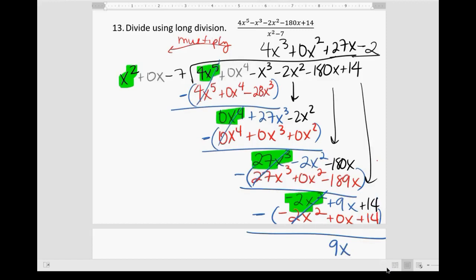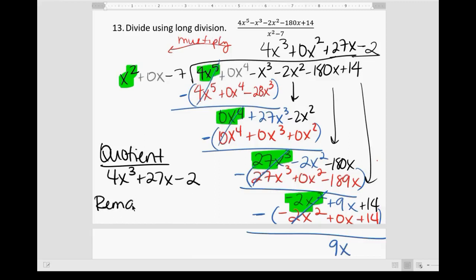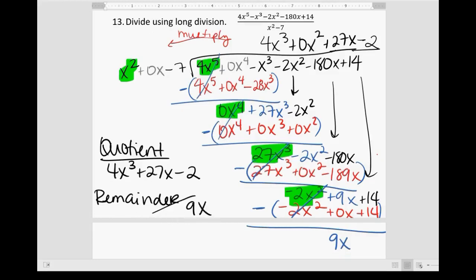So the quotient is 4x cubed plus 27x minus 2, and the remainder is 9x.